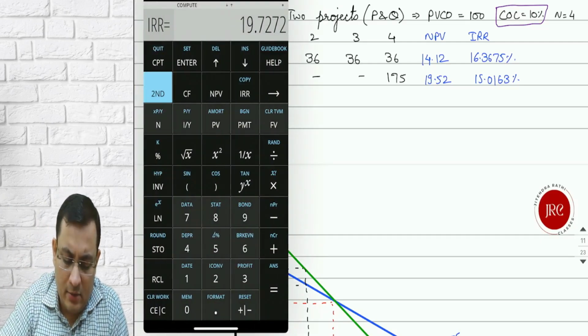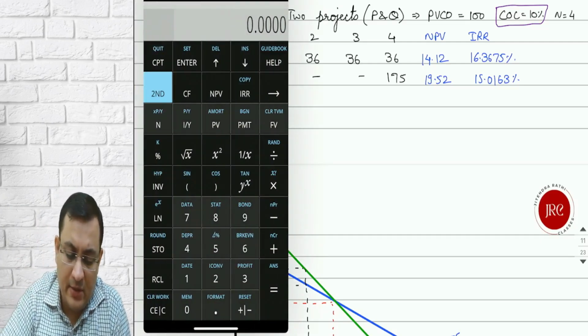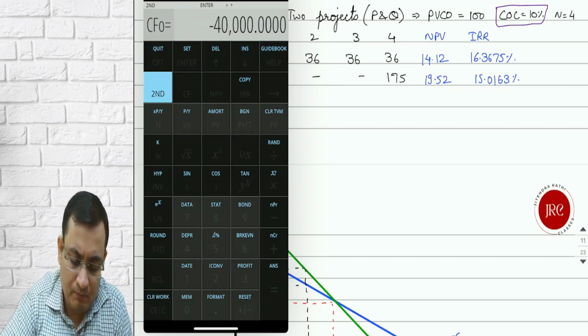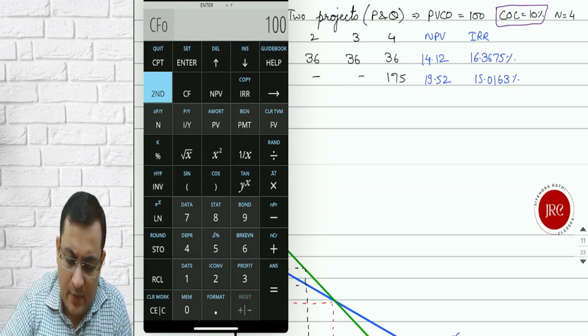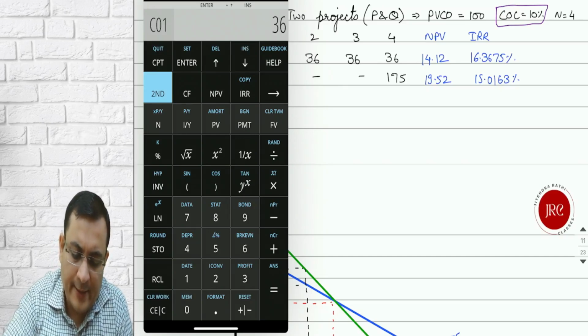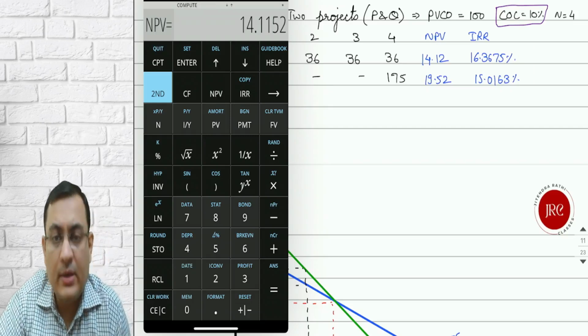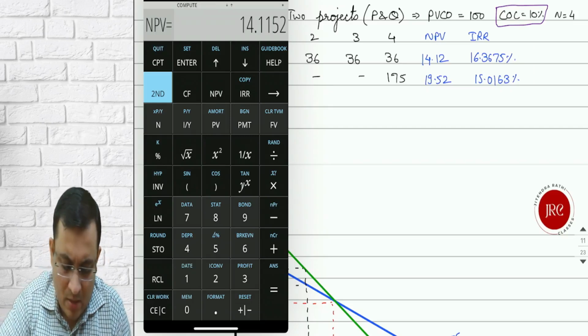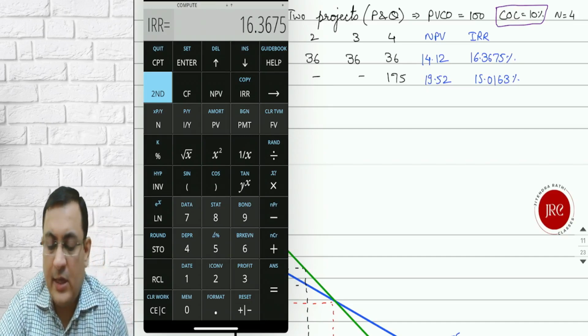So if I calculate with this COC of 10%: 100 negative, 36, 4 frequency, 10, NPV is coming 14.11 and IRR is 16.3675.